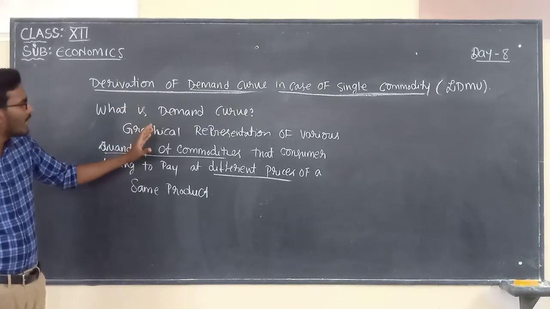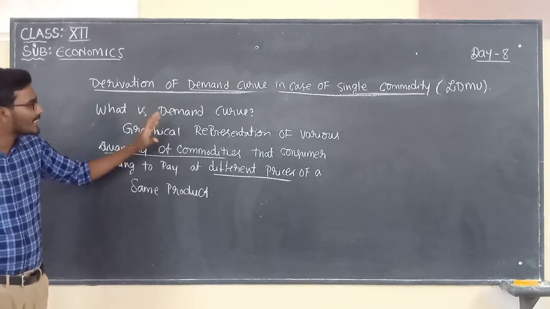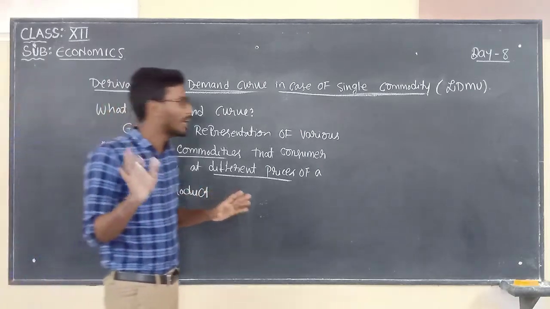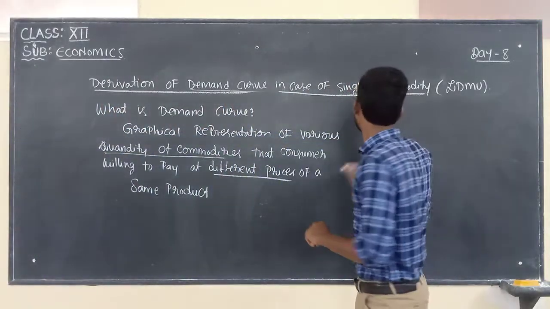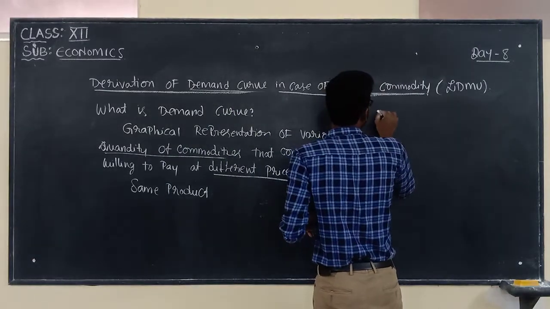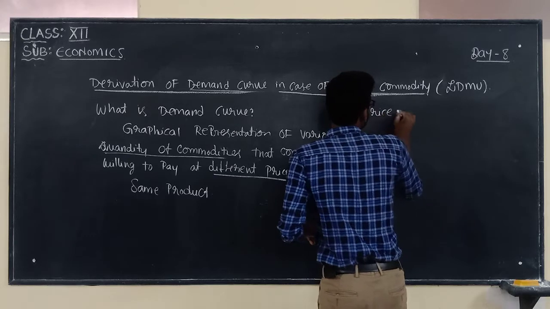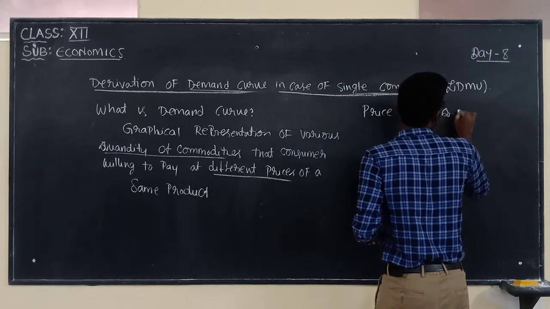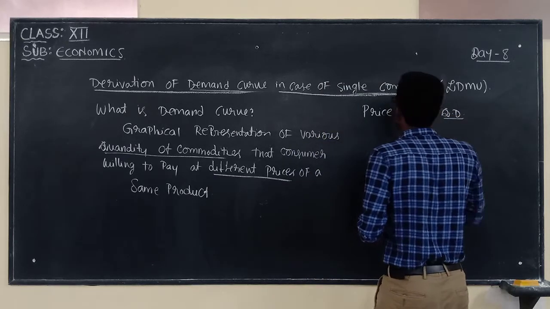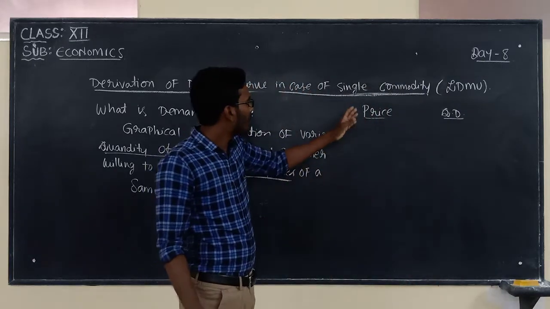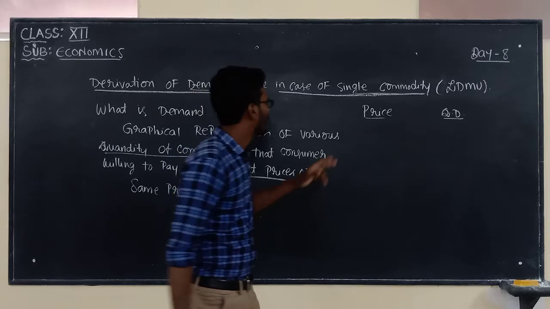So let us understand this definition of the demand curve with a diagram as well as a table. Here we are considering price on one side and quantity of demand on the other side.